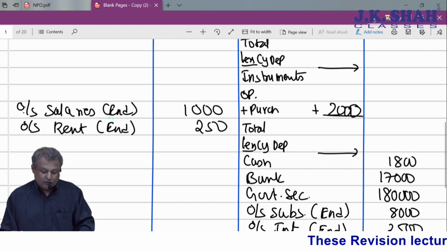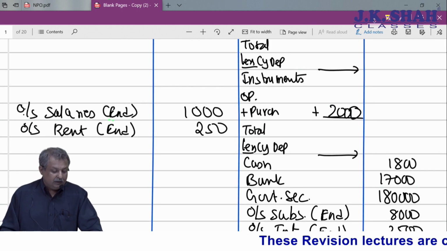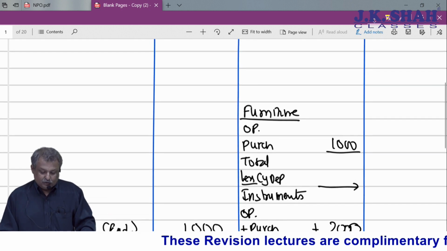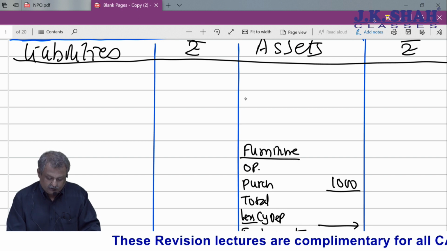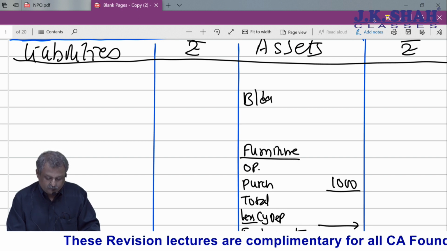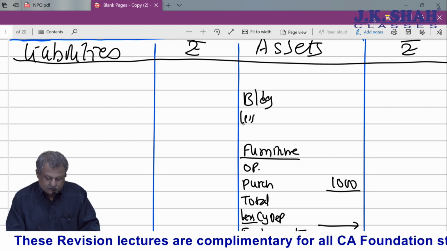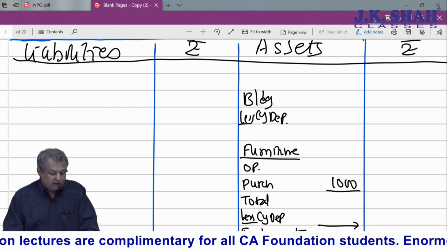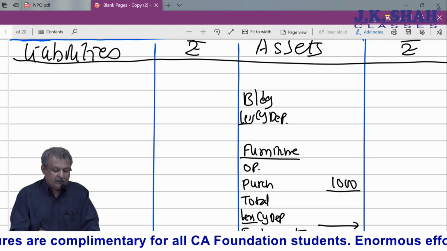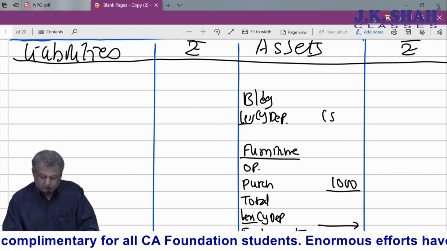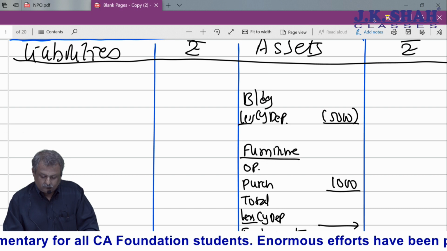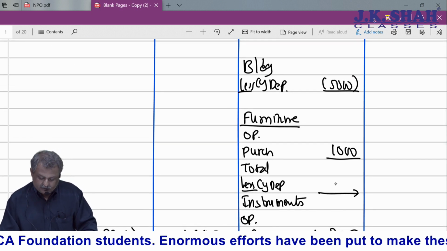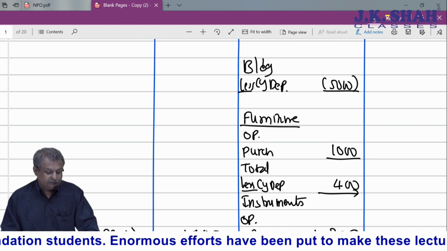Depreciation. So depreciation is on building, furniture, instrument. So building, we write here building less current year depreciation. That current year depreciation amount is 5,000. Similarly, furniture, current year depreciation amount is 400.